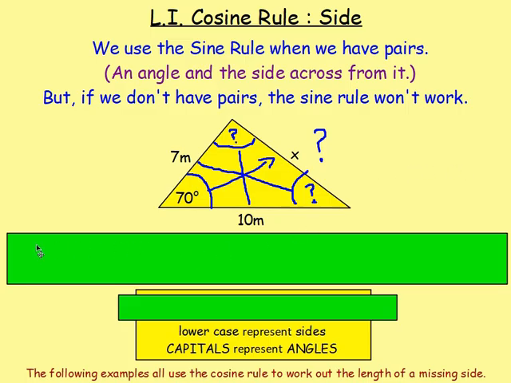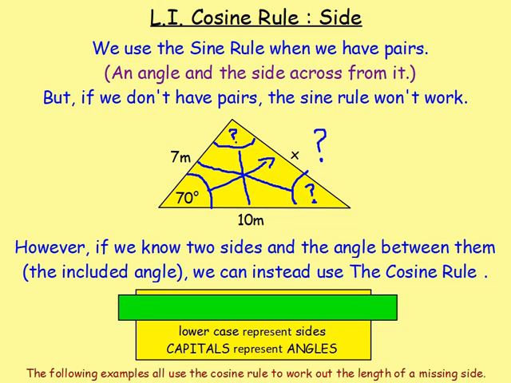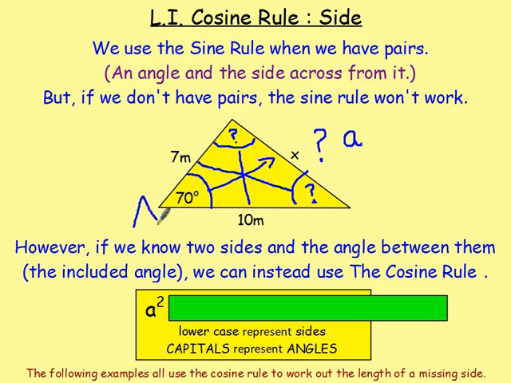But what we can use instead is something known as the cosine rule. If you have, like in this example, two sides and the angle between them, which is known as the included angle, you can use this formula. The side you want to find will be marked a, so across from that we would have capital A. And the b and the c are just going to be the two other sides.